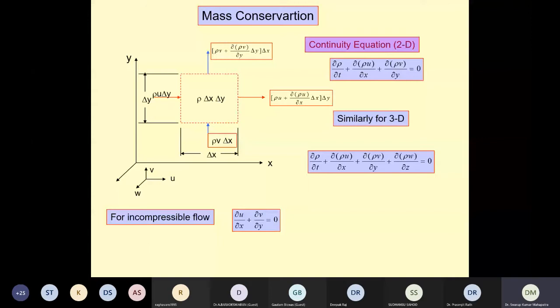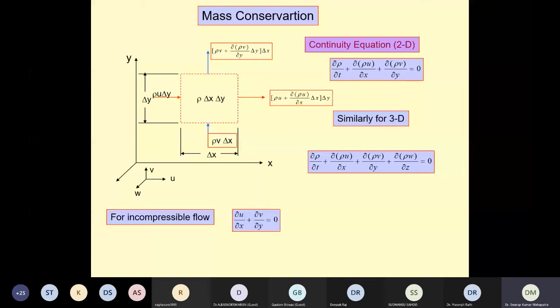With constant properties this is what is derivable, and with some assumptions, that is incompressibility and constant properties, we get a set of equations which can be classified as parabolic, elliptic, or hyperbolic equations.